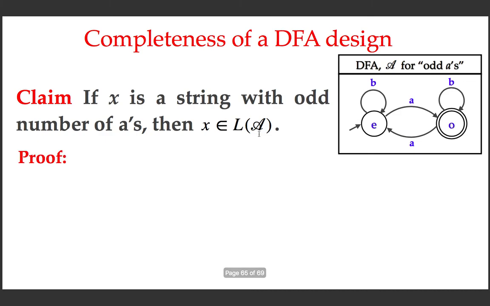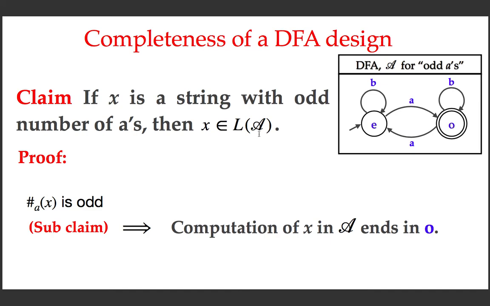Assume that a string X contains an odd number of A's. Then from the subclaim we know that the processing of X ends in O. O is a final state.